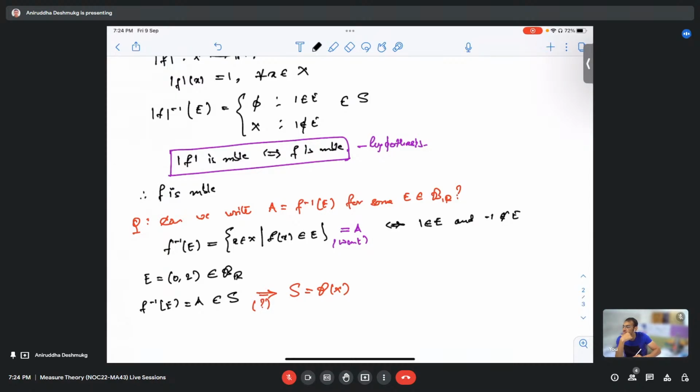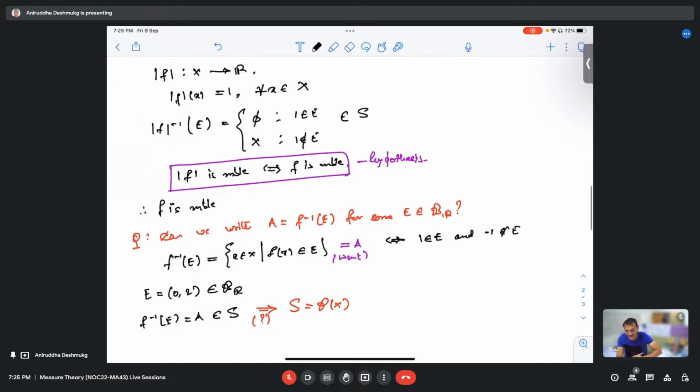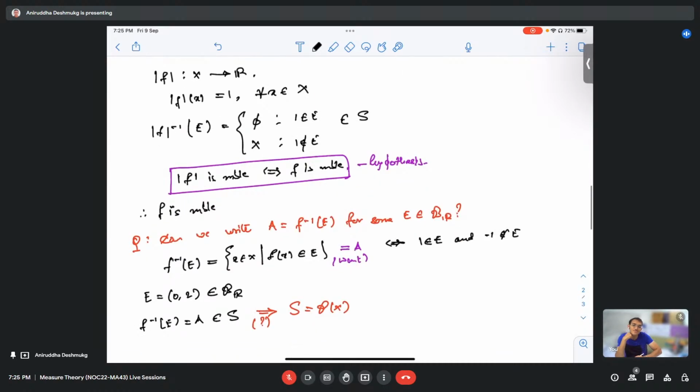So we have proved that the pre-image of any open set belongs to the sigma algebra. No, no, that is not what we have proved. See, what is the definition of measurable functions for us? Can you tell me what is the definition of measurable functions?